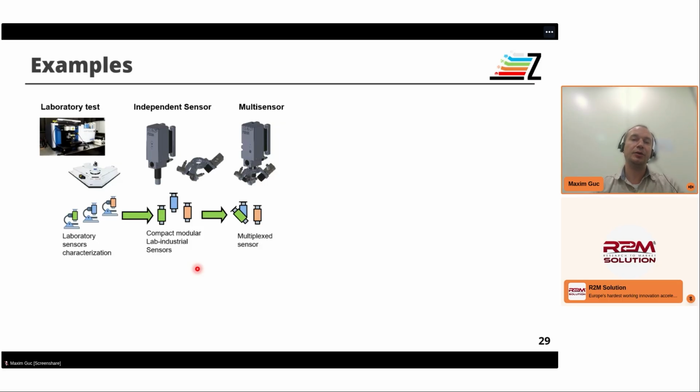And some parts of the sensors can also be reused by different techniques. So we are minimizing the price, we are minimizing the number of components that we need in order to make the multi-sensor.